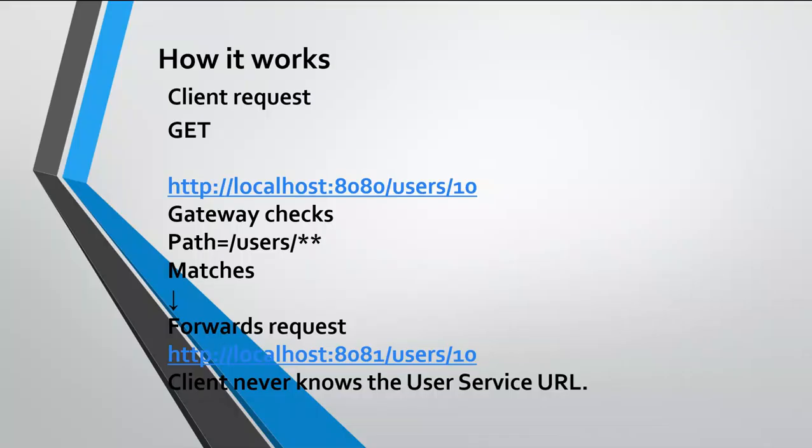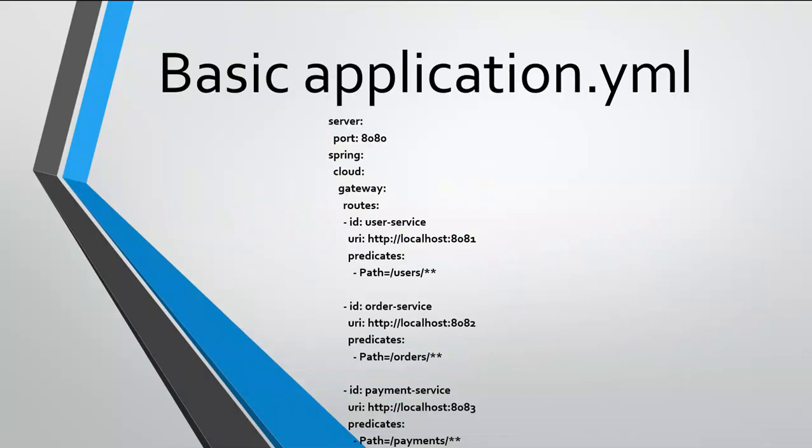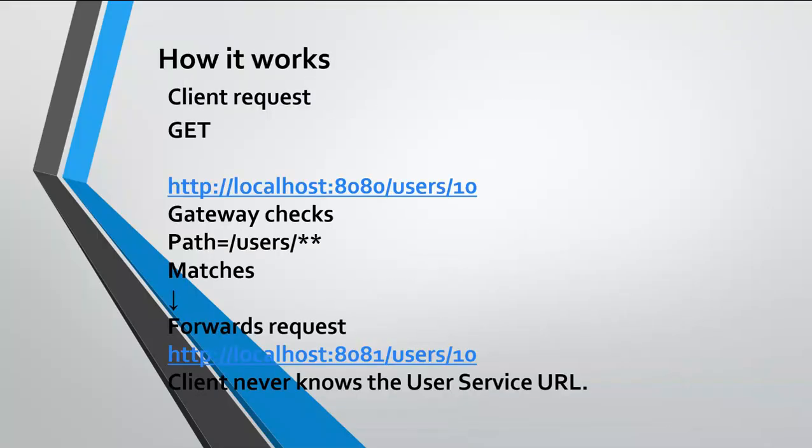Okay, how it works? As I told in the previous slide, it will take the port, the HTTP and all those things. Then it will create the URL like this. So the gateway checks the path.